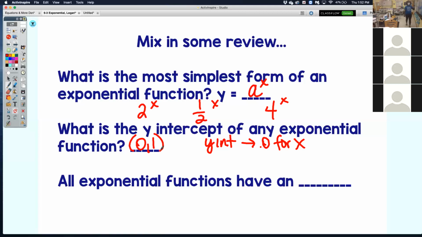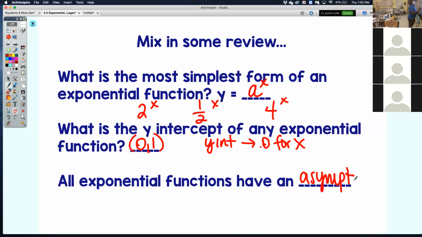And last but not least, every single one of these functions has an asymptote in its graph. What type? It has a horizontal asymptote.